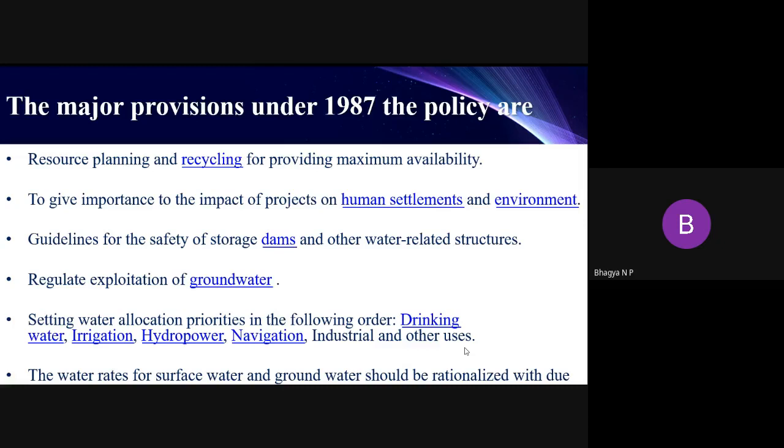According to this national committee, the policies are: planning and recycling the resources for providing maximum availability, giving importance to the impact of projects on human settlements and environment, and giving more guidelines for the safety of storage dams, regulating groundwater, and setting water allocation priorities in the following order: drinking water, irrigation, hydropower, navigation.